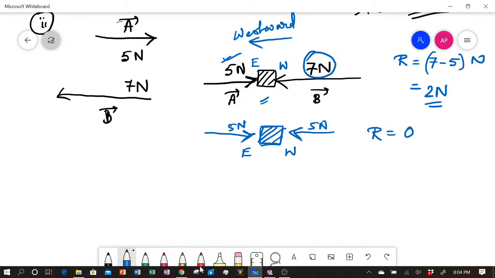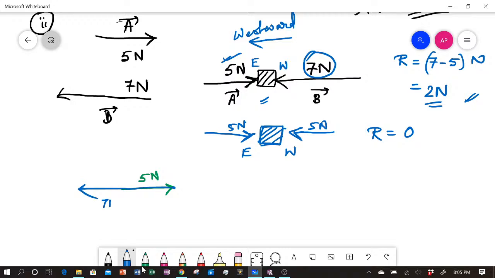Now, why should we take just 7 Newton minus 5 Newton, that is the difference of these two forces? See, if we just draw this, this is vector A, that is 5 Newton, and after the ending of vector A, we start vector B, which is greater than this 5 Newton, right?